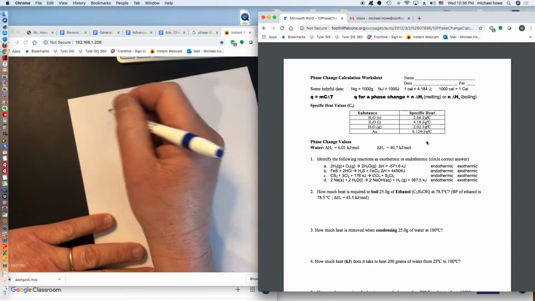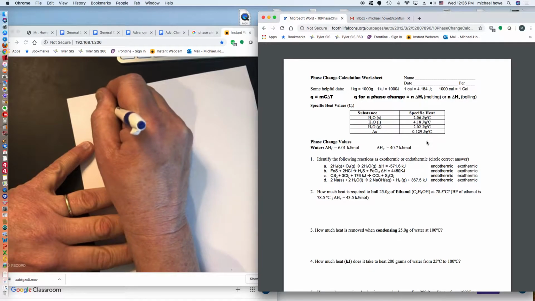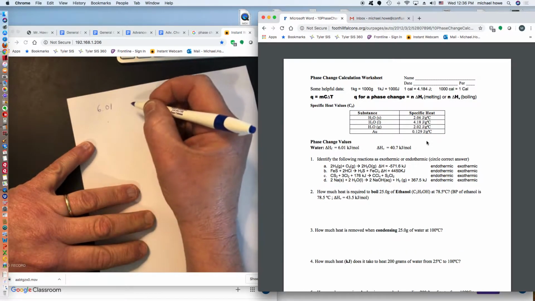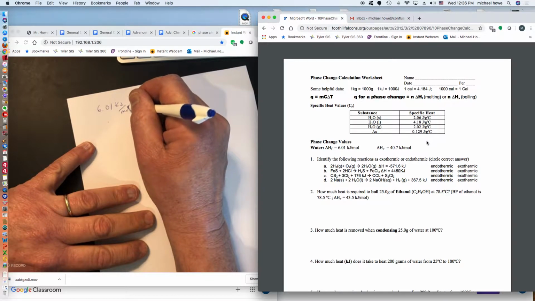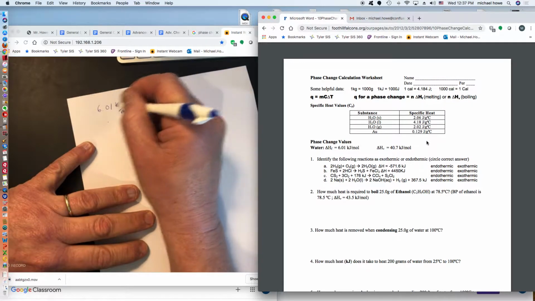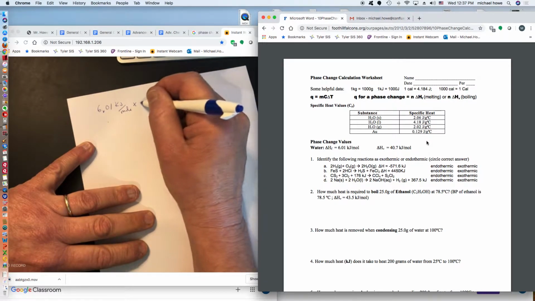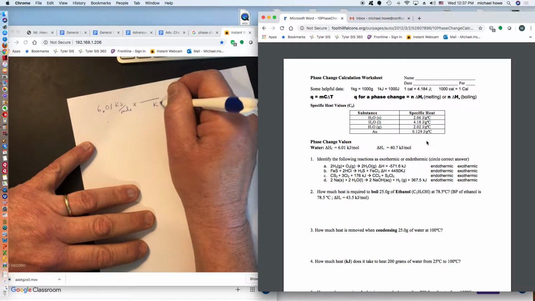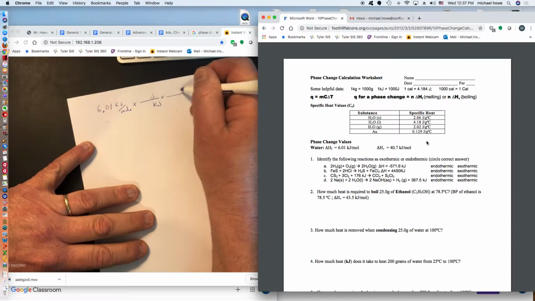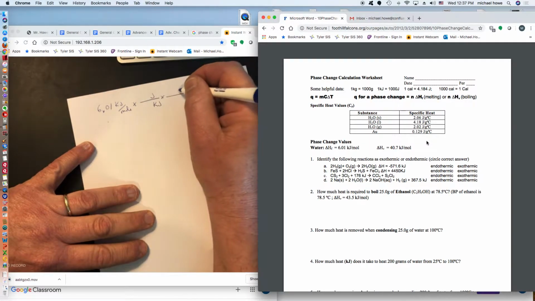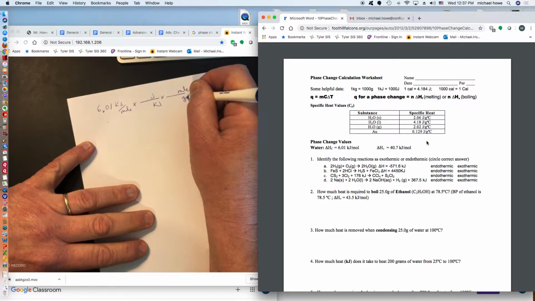So let's make that conversion now. If I have 6.01, and that's kilojoules per mole, and I wanted to change that into joules per gram, I would put kilojoules down here, and I'd put joules here. Then if I wanted to get rid of moles, I could put moles on top and grams on the bottom.